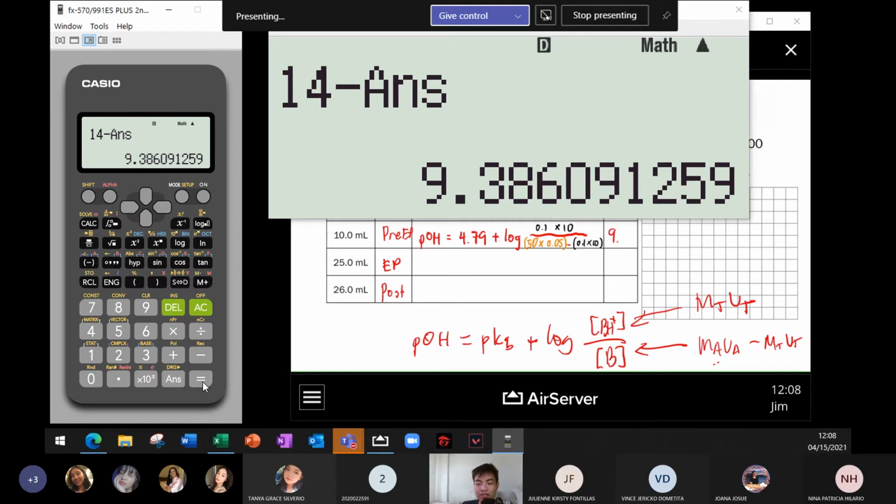Tsaka anyway, ang quiz nyo naman is 2 attempts na, starting the finals period. 2 attempt ibibigay ko para makabawi na, no? Okay. Kasi kita nyo naman yung grades nyo, no? Transparent naman tayo sa grades. Para makabawi, edi 2 attempt na. And hopefully makatulong yan, no? Makabawi talaga kayo ng scores, no?